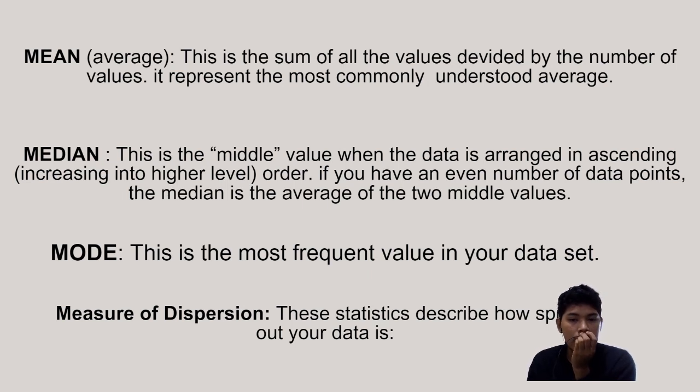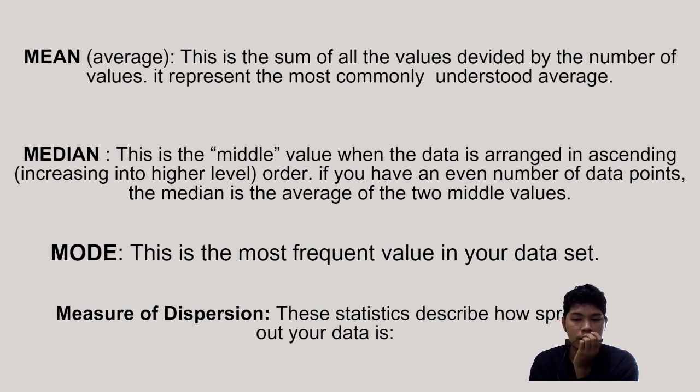While the median is the middle value when the data is arranged in ascending order. When you say ascending, it is increasing into higher level. So if you have an even number of data points, the median is the average of the two middle values.